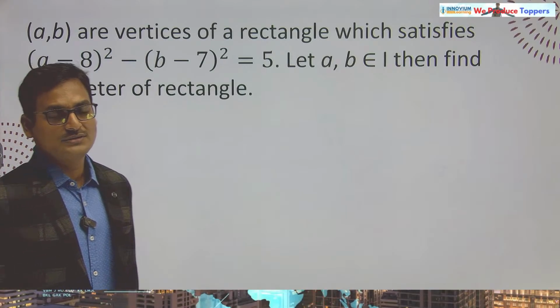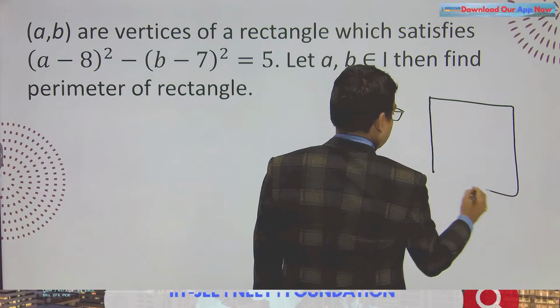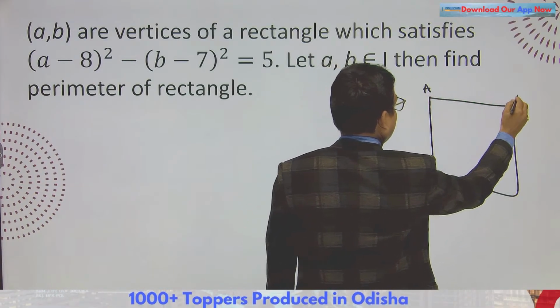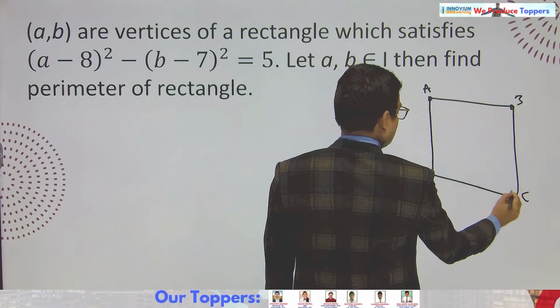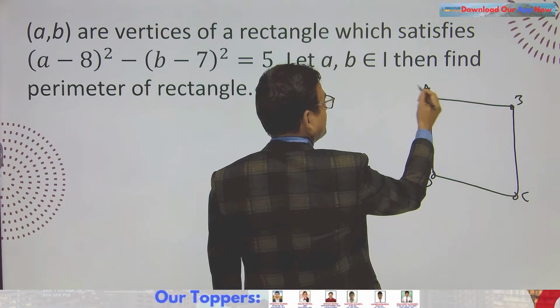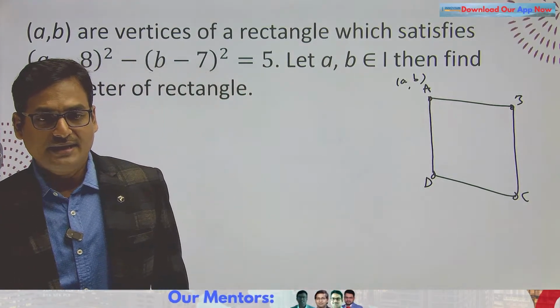Suppose this is a rectangle, the vertices A, B, C, D. These are the vertices of the rectangle, and each vertex is denoted by A comma B.